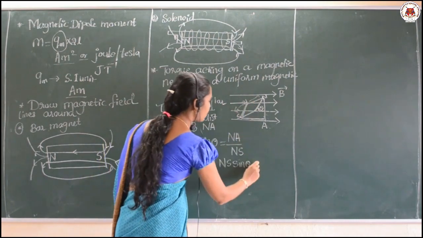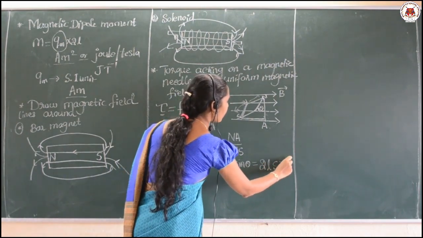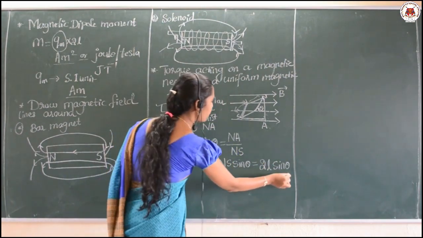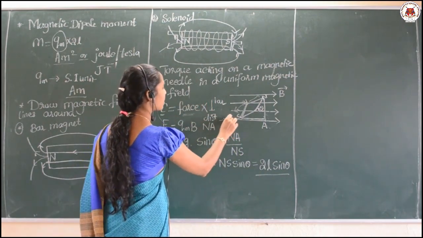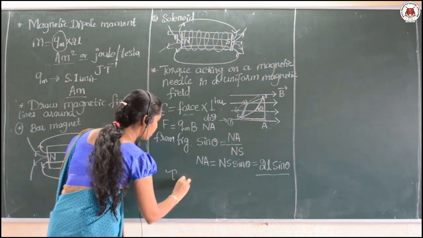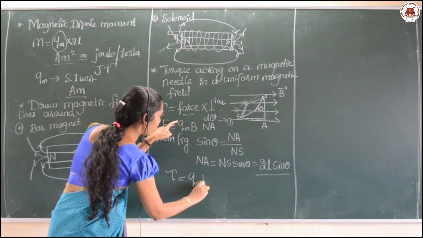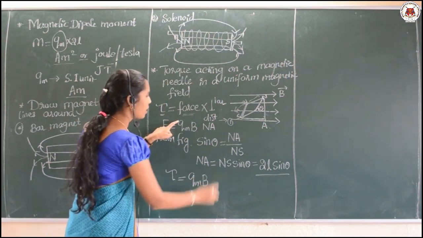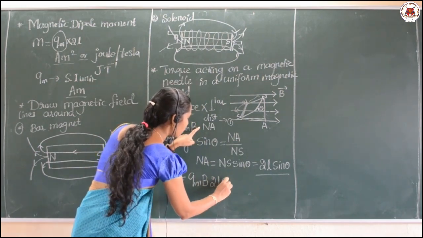Then NS is equal to 2L sin theta. Then substitute this 2L sin theta in the first equation, that is the torque. Torque tau is equal to force, we know that it is Qm into B, and NA is equal to 2L sin theta.